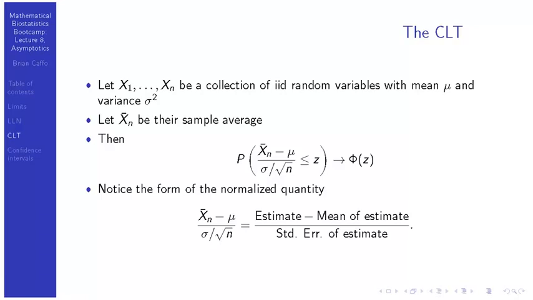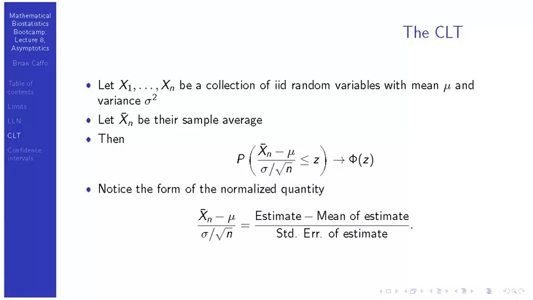This whole quantity has mean 0 and variance 1. The probability that this random variable Z is less than or equal to a specific point z limits to the standard normal distribution evaluated at that point z.